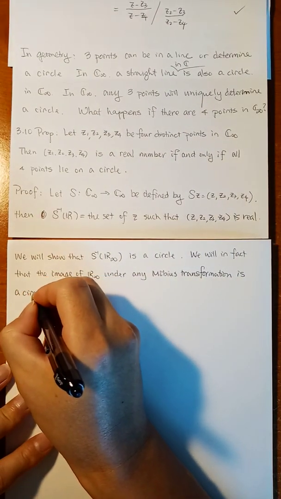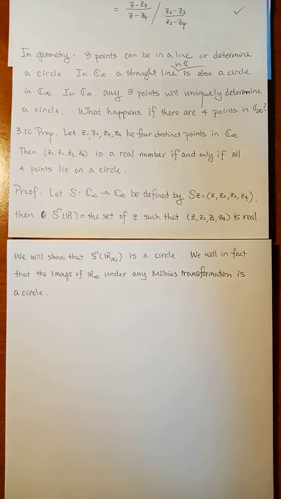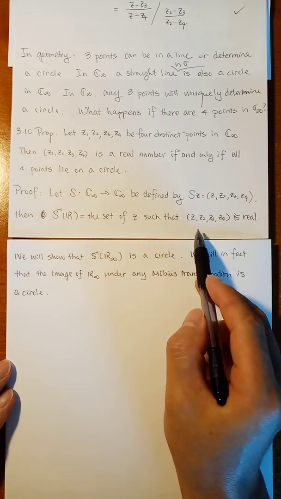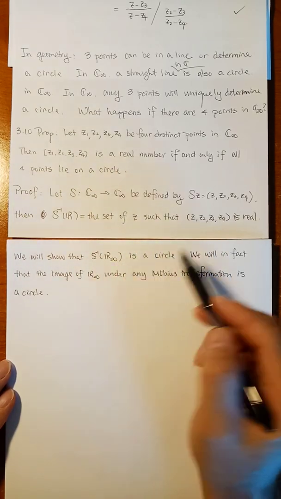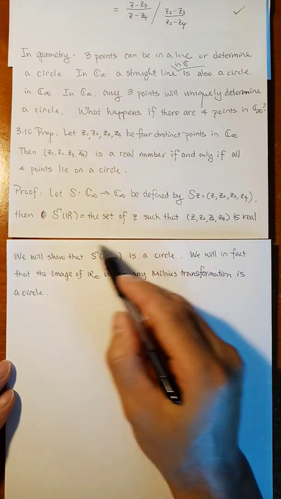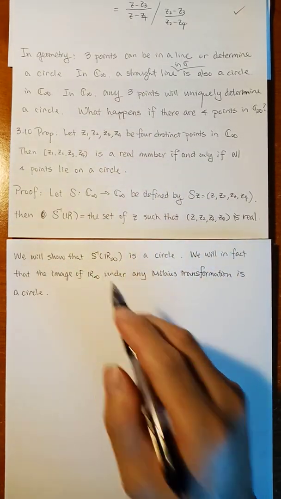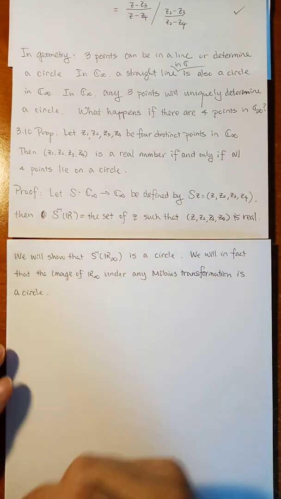Here, circle means either a circle or a line in C, but in C infinity, they are both called circle. This requirement just needs the image under S inverse to be a circle, but we do not just show the special case, we show the general case. For whatever Mobius transformation, R infinity will have image a circle. So this is a stronger result.